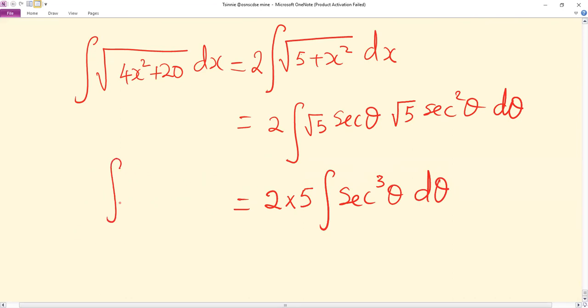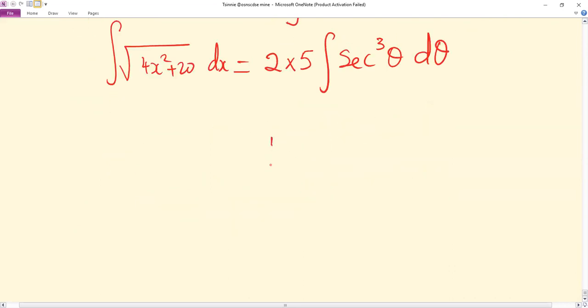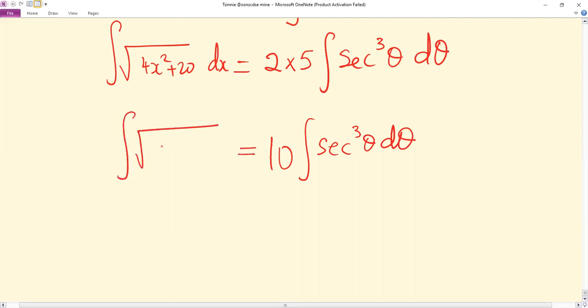So the integral of the square root of 4x squared plus 20 dx will give us 10 integral of sec cubed theta d theta. So now the problem reduces to calculating the integral of sec cubed theta.